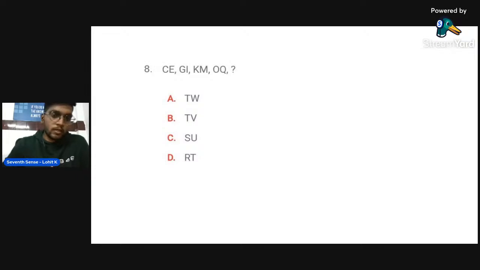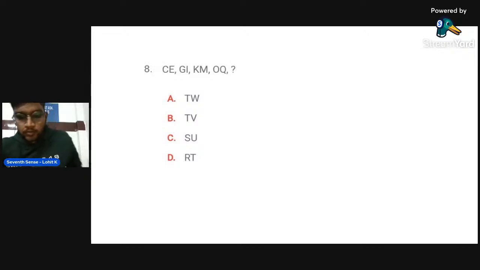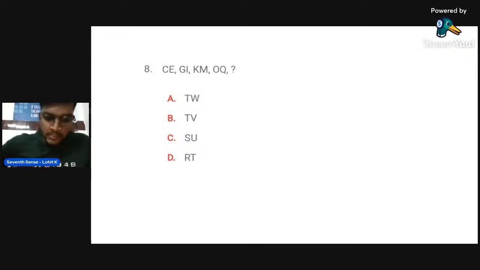So whenever you get two alphabetical series, you'll get numerous patterns. So what is the answer for this? S and U, you are saying. Again I'm saying, if you got the answer, try to write down the pattern also, because you'll get to know how you have solved.